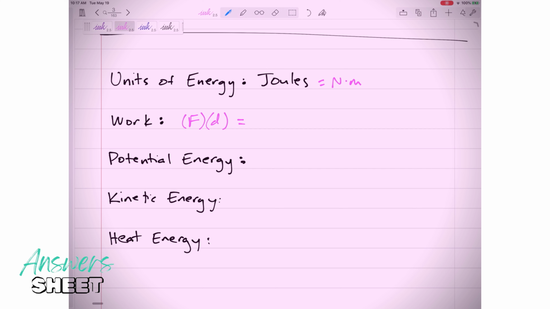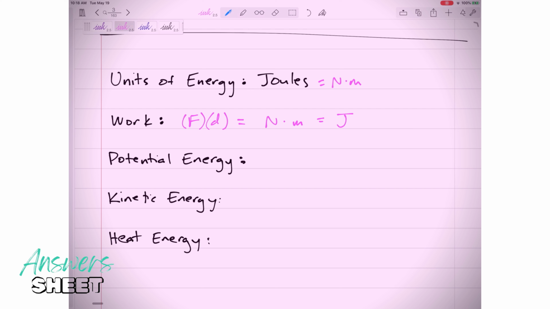What's the unit of force? Newton. What's the unit of distance? Meters. So as long as we're taking a Newton times a meter, then we're good. We're in joules. But if the distance was in millimeters, we need to be careful. If we're looking at kilonewtons, we need to be careful. A Newton times a meter is equal to a joule.